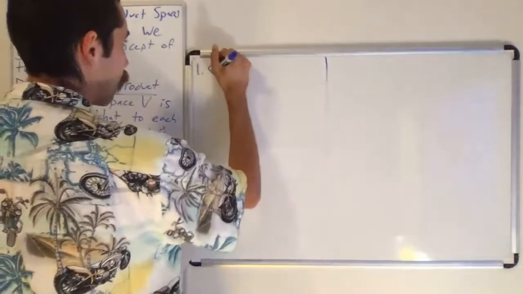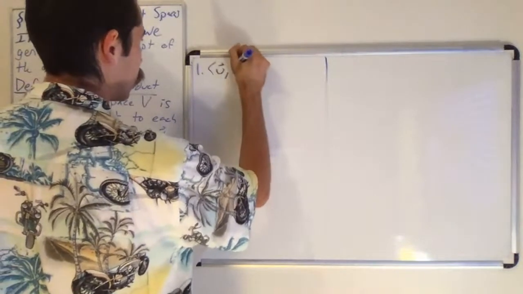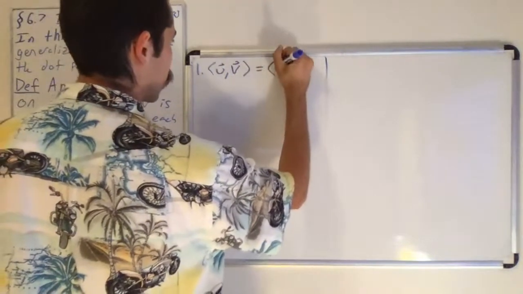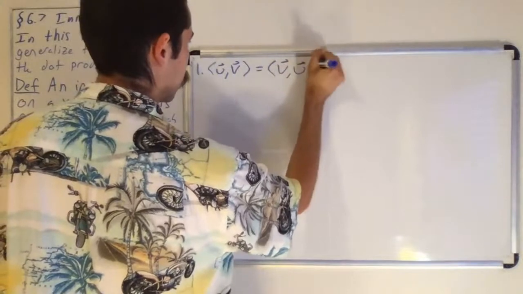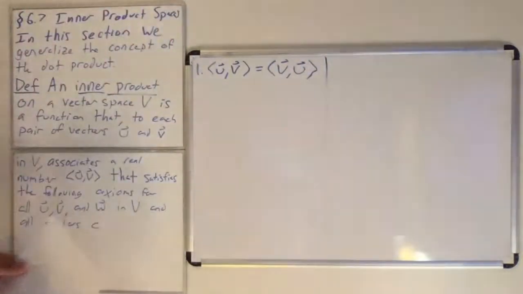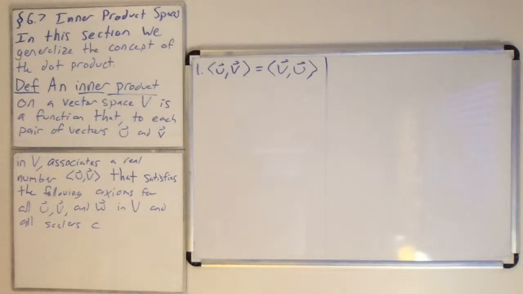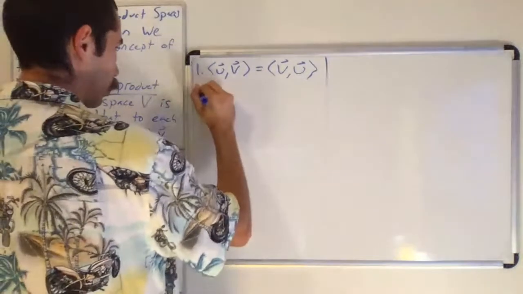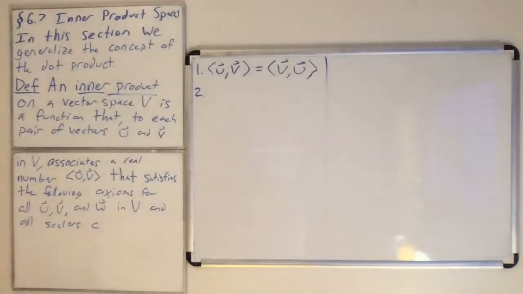We need the inner product of u and v to equal the inner product of v and u. Next, we want to be able to distribute it through a sum.